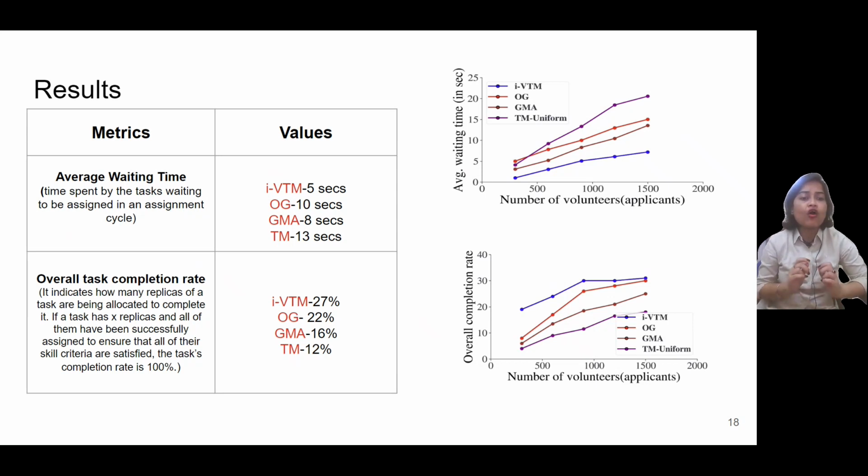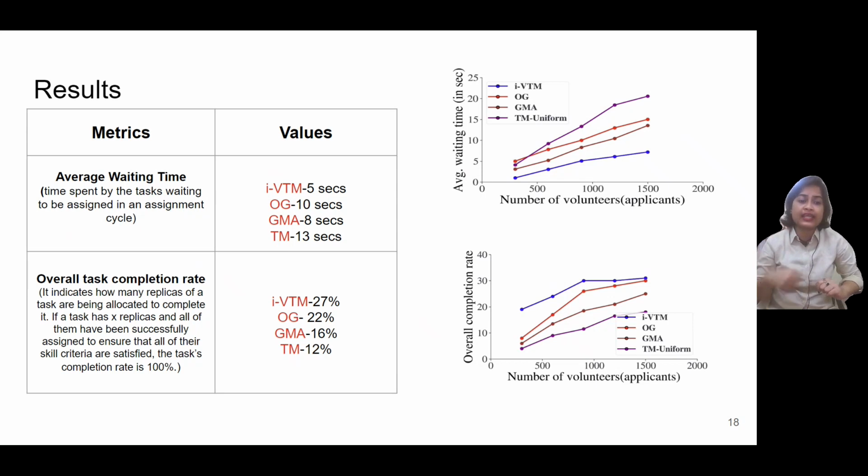Completion time. For only i-VTM, first the parent task skill requirements are matched with the worker, and then the replicas are scanned to find the closest one. No requirement matching other than the distance is evaluated for choosing the ultimate replica. Whereas, for the rest, every replica is assumed to be a standalone task having its own skill requirements and location.